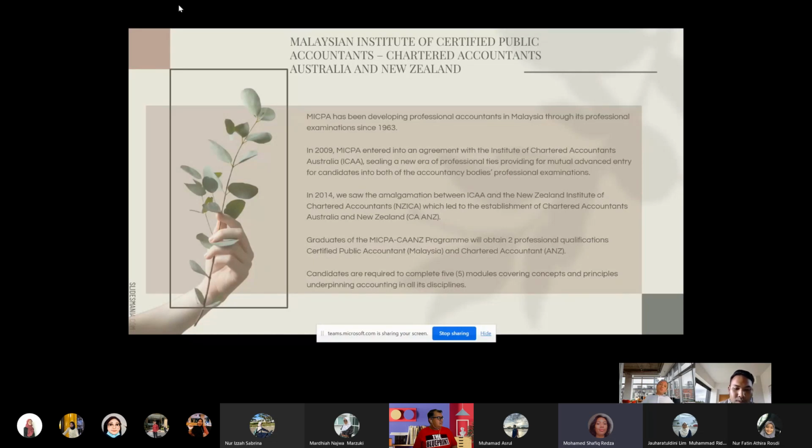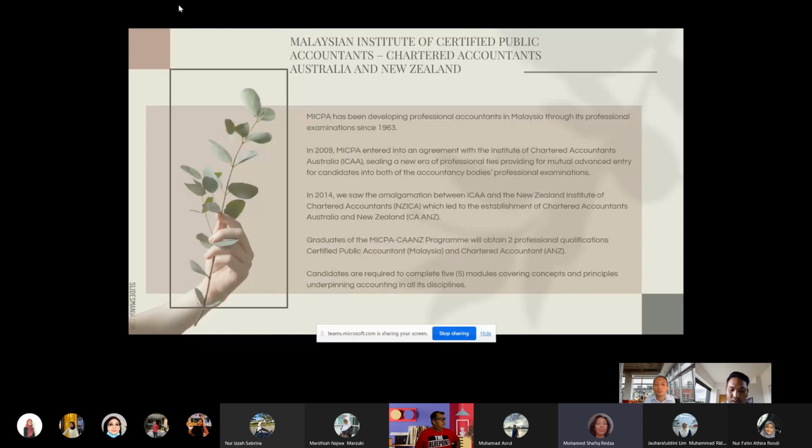And in 2014, we saw the amalgamation between ICAA and the New Zealand Institute of Chartered Accountants, which led to the establishment of Chartered Accountants Australia and New Zealand. A graduate of the MICPA CANZ program will obtain 2 professional qualifications, Certified Public Accountant Malaysia and Chartered Accountant ANZ.